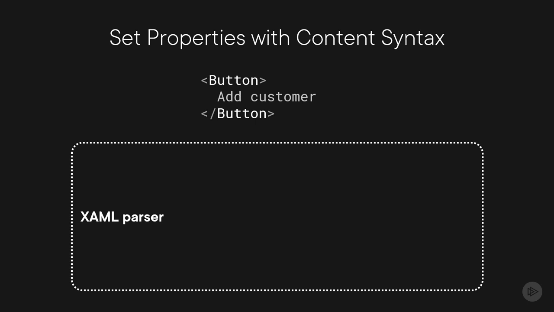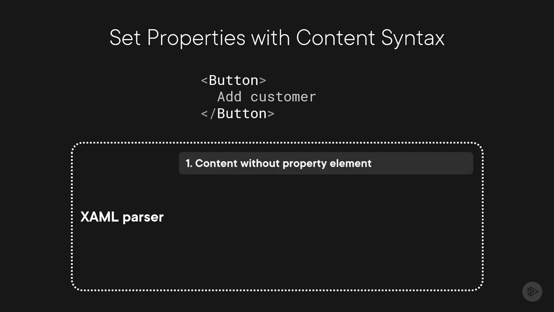In WPF, the SAML document is read by the SAML parser. When reading the document, the SAML parser creates the objects from that SAML document. Now, when the SAML parser sees this button, it notices that the button element has content directly inside.